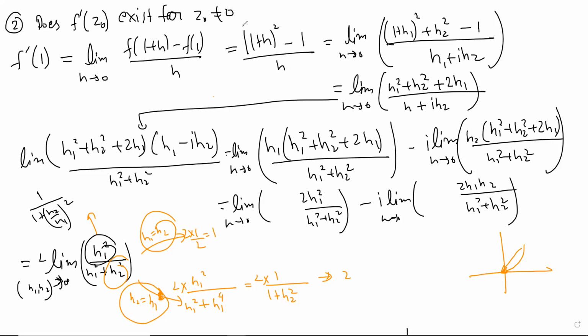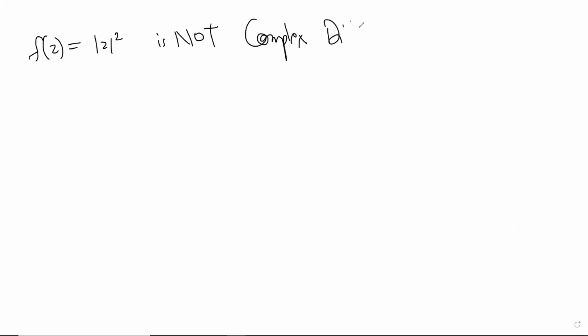So the conclusion is that f of z equal to z square is not complex differentiable. And these calculations are actually very important, just to be able to do this calculation at any point other than 0.